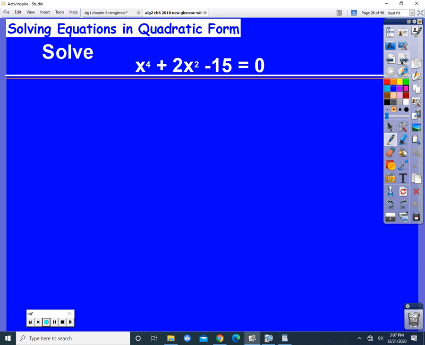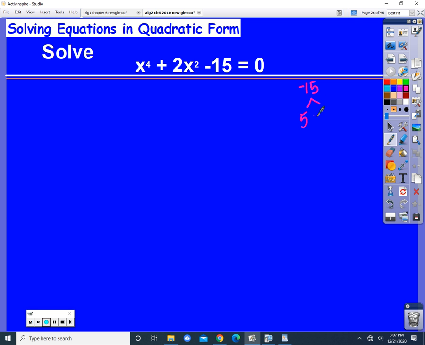So let's jump right into a degree 4 problem. They're going to ask you to take a degree 4 and put it in quadratic form. I'm going to show you how to do that last. But to solve it, if it's set equal to 0, think about it as though it was x squared and an x. When we're factoring, we think about what factors of negative 15, when added together, would give us positive 2.